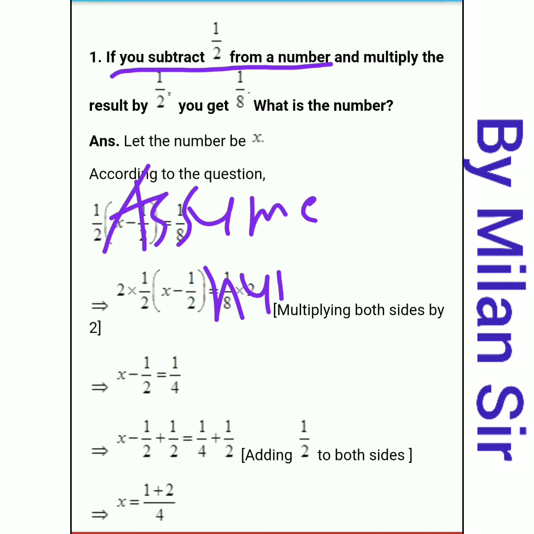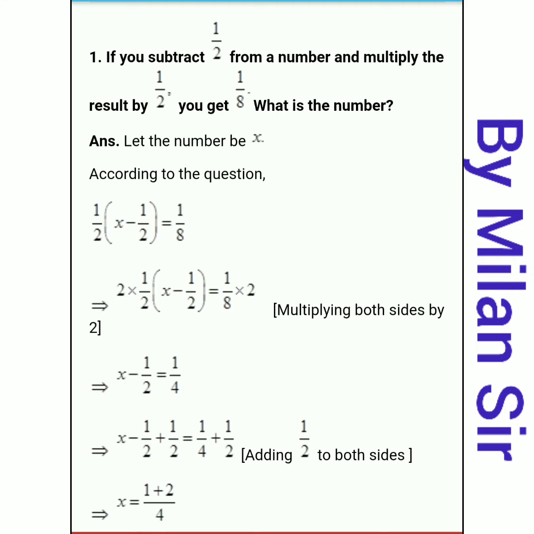Now we need to subtract 1 by 2 from a number, so from the number, that means x, we need to subtract 1 by 2. So x minus 1 by 2.